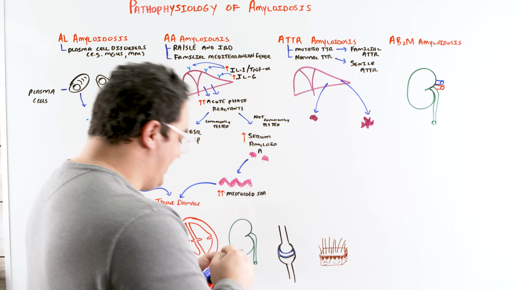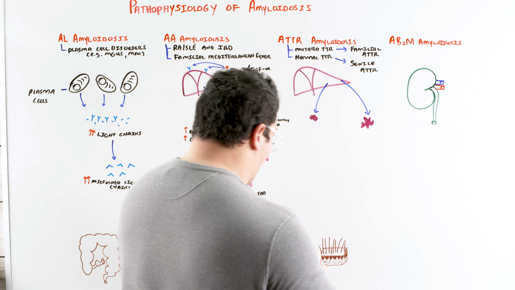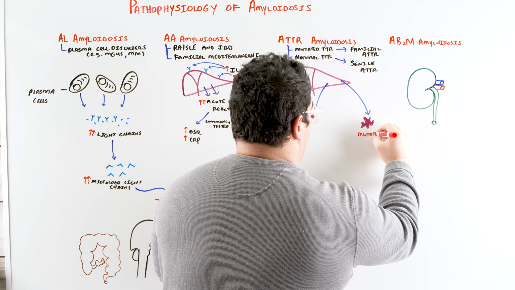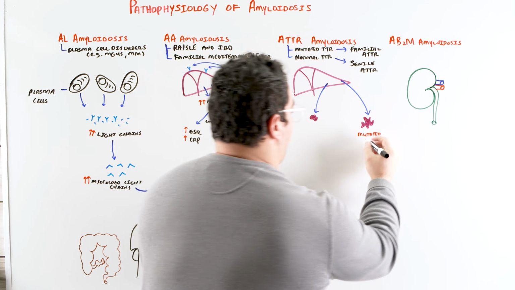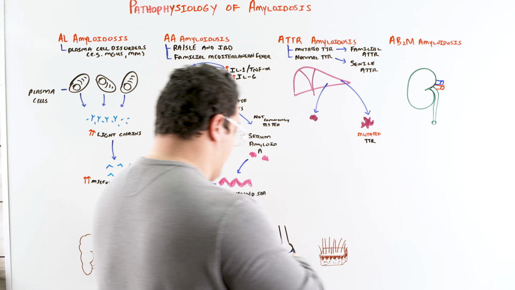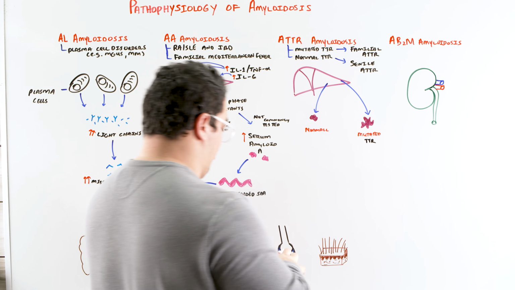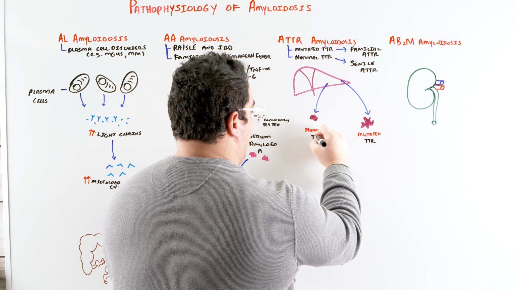Now, the difference here is if I have, in this scenario, the mutated TTR, and then here I have the normal TTR protein. How do these cause tissue damage?